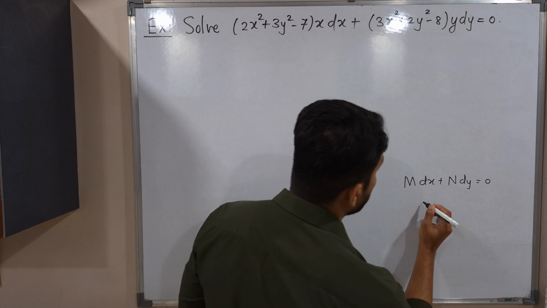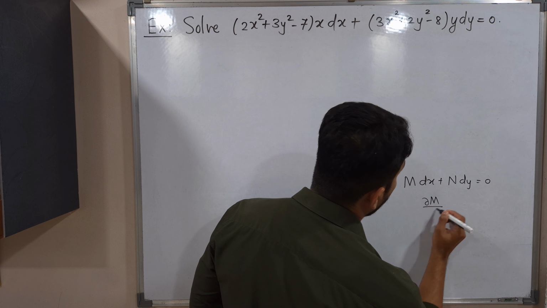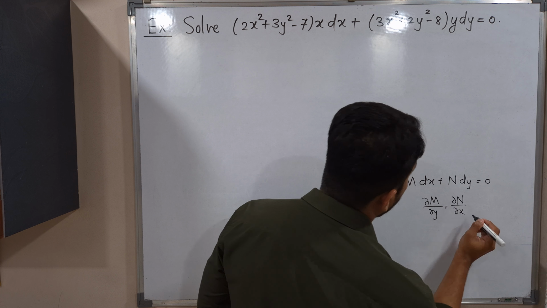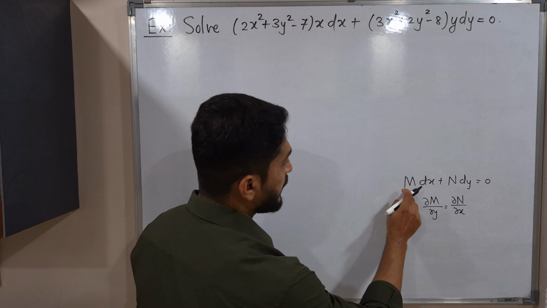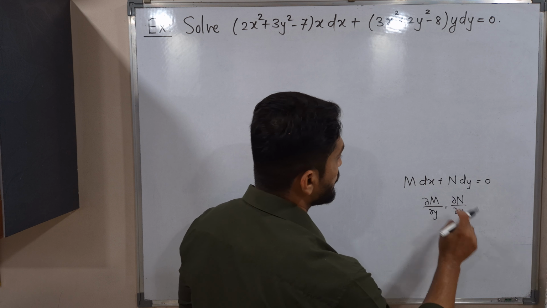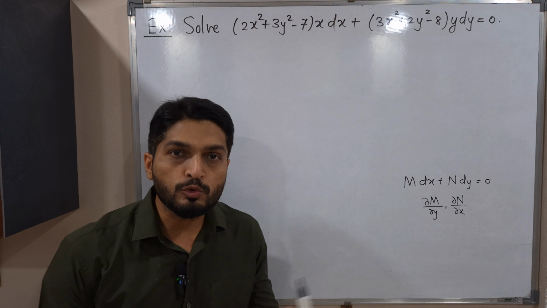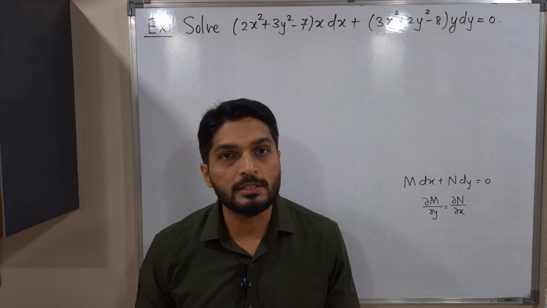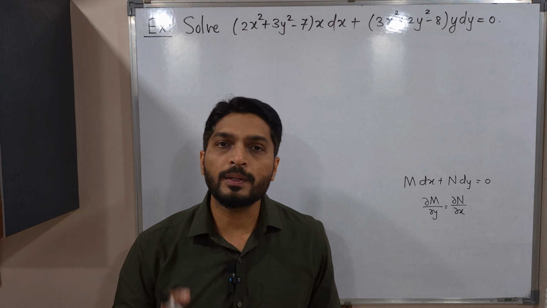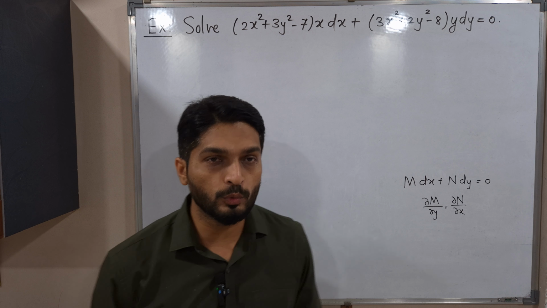We say it is exact if del M by del y is equal to del N by del x. That is, if the partial derivative of M with respect to y is the same as the partial derivative of N with respect to x, then we say the differential equation is exact. If it is exact, there is a very simple method to find its solution.